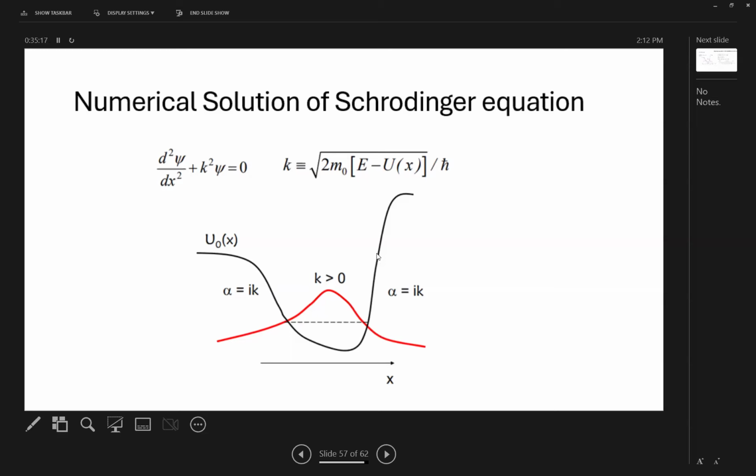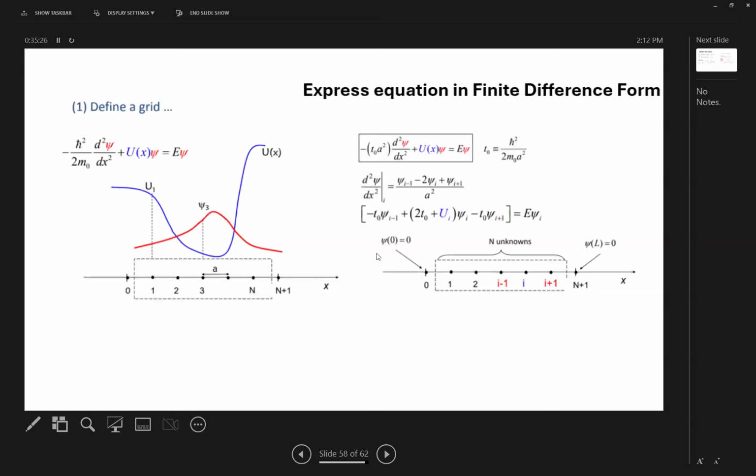So how do we solve these equations in a numerical way? We start with this Schrodinger equation or wave equation, and then we do the following thing. Let me show you a little modification of the previous equations.